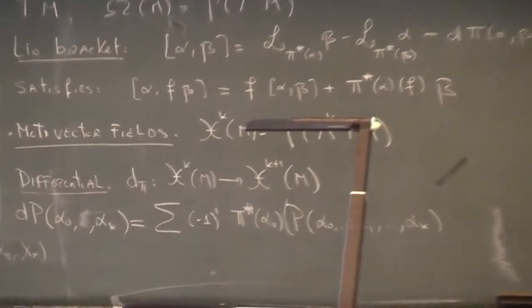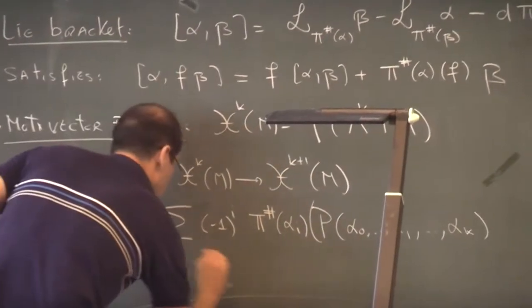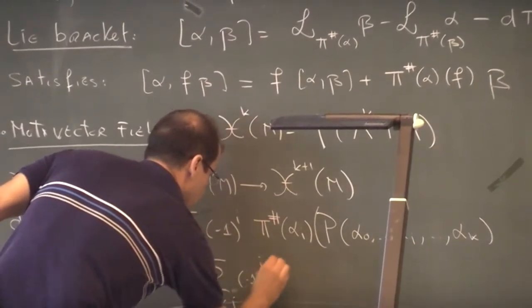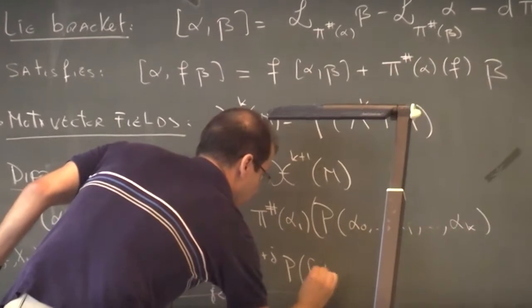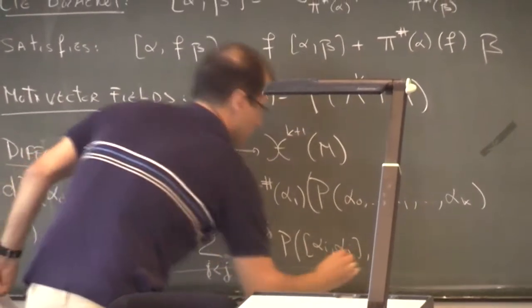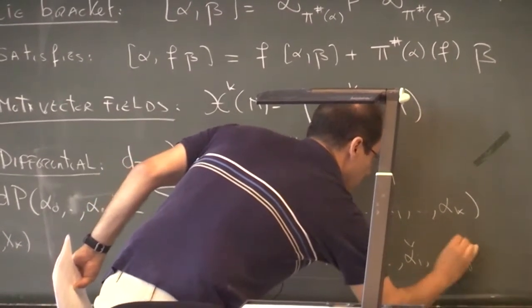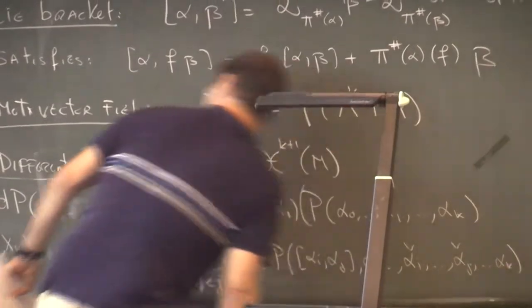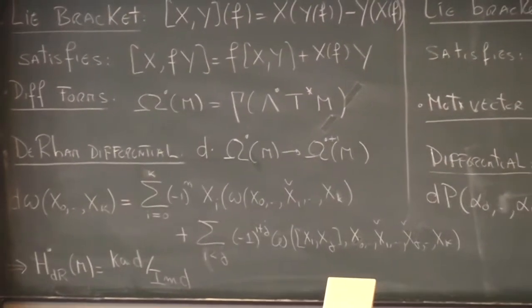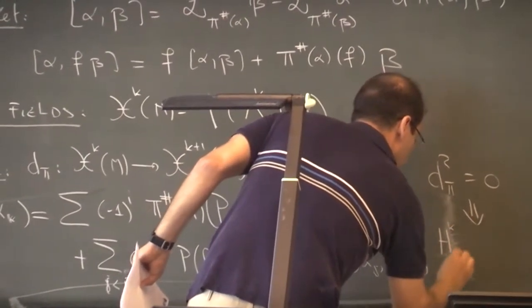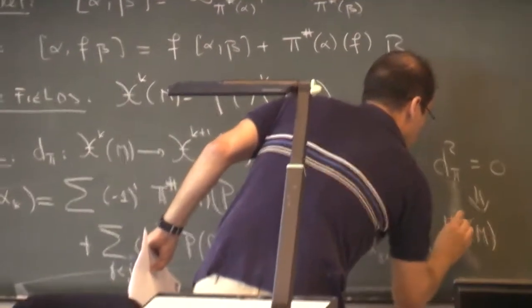And when I have the bracket, I have the bracket on one forms, so I can use just the same type of formula. So just like the de Rham differential, this is a differential, so d squared is 0. So you can use this to define a cohomology, which is called the Poisson cohomology.